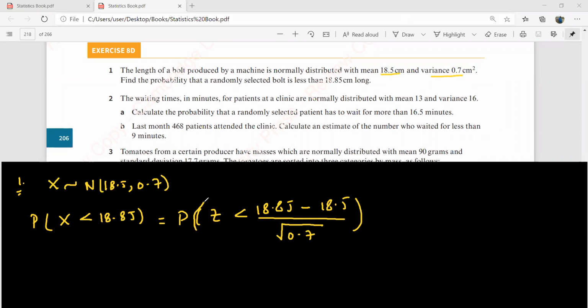Okay, so let's use the calculator here. We have 18.85 minus 18.5 divided by the square root of 0.7. So we have 0.418. This is phi of 0.418, and we'll go to the table to find this.